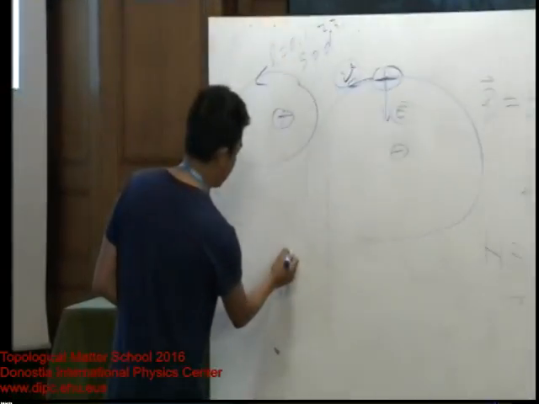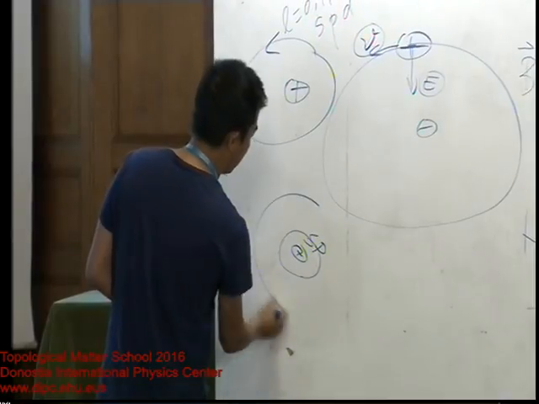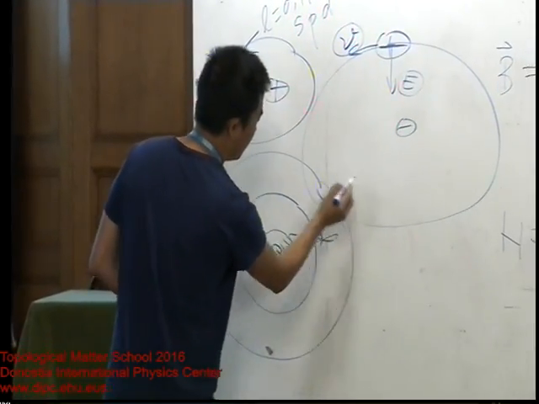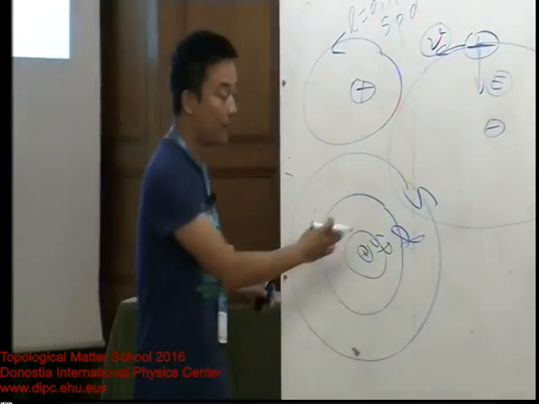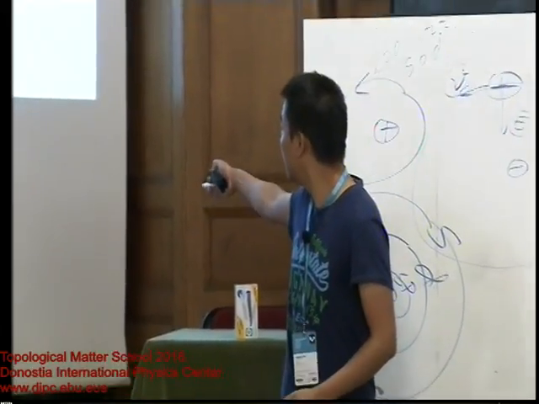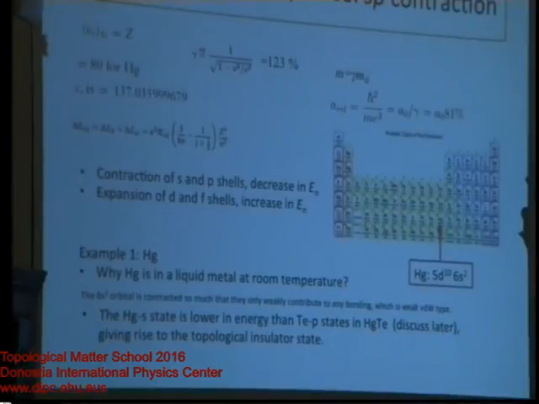Let's see. First, we have the SP shell inside. We have some D shell inside. Then further, we have some additional S shell outside. For mercury, what are the core electrons?